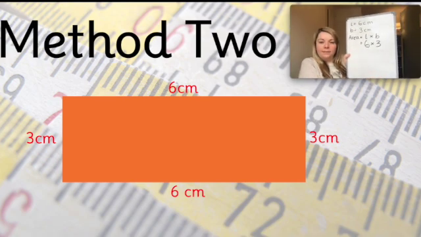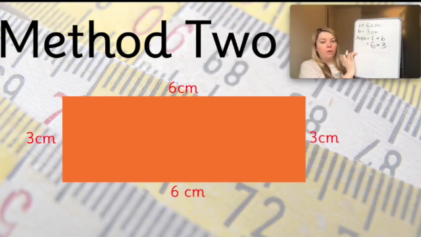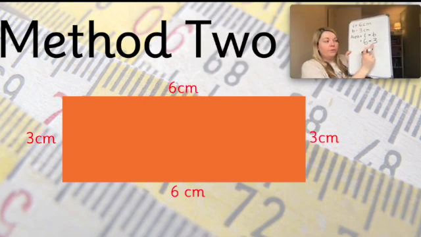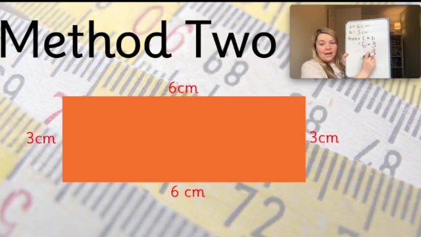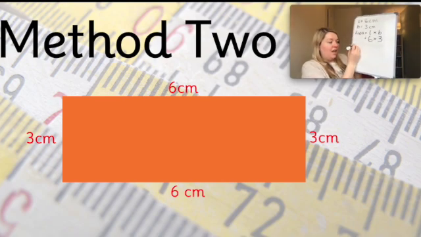6 times 3. Now remember, times just means groups of. If you're not sure, you could use your multiplication square, but you could also work it out. 6 groups of 3 is the same as 3 groups of 6. If I was doing 6 groups of 3, I could draw a little diagram.